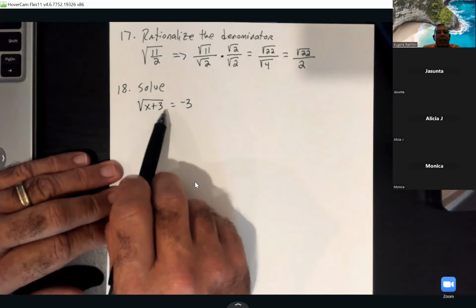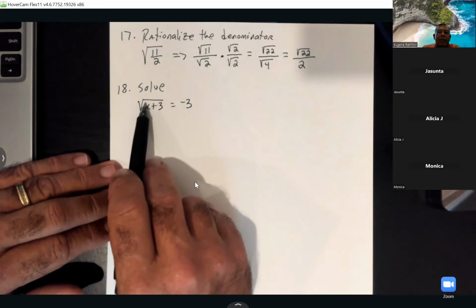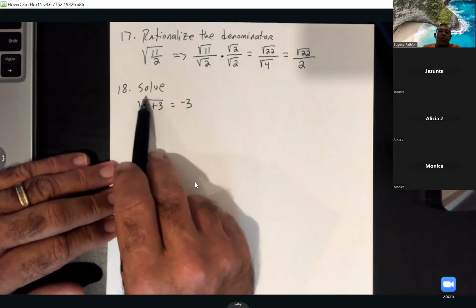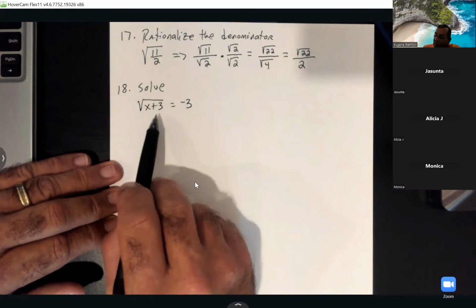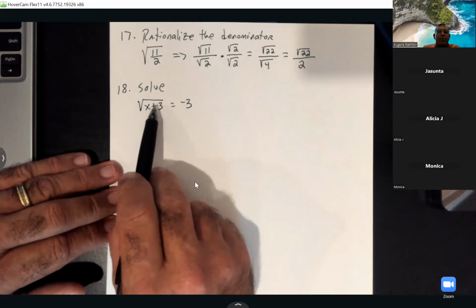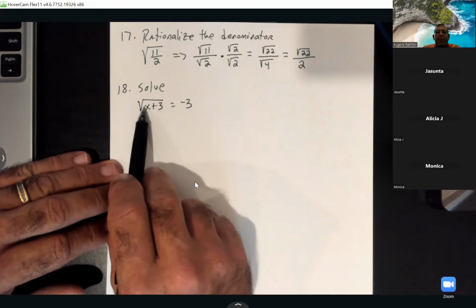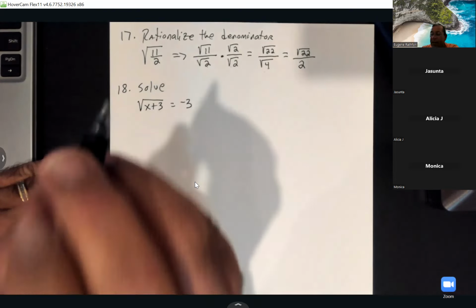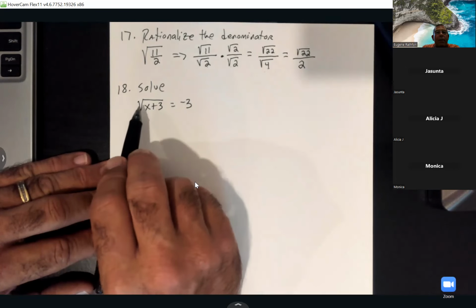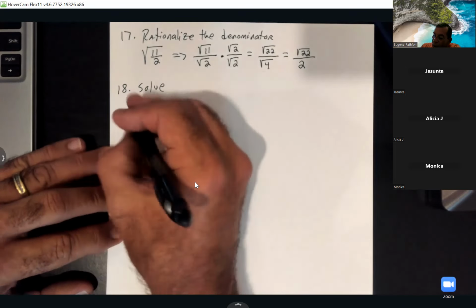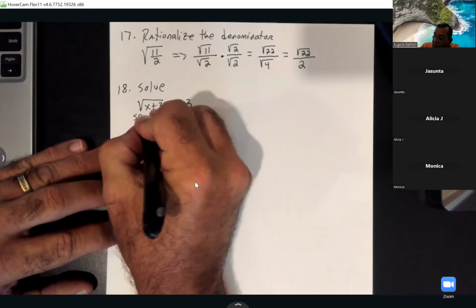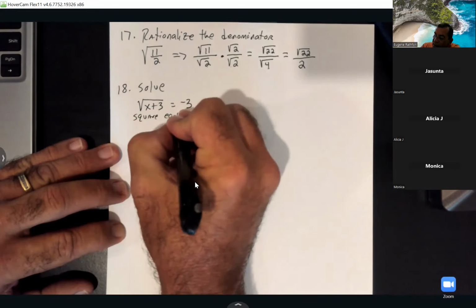So the first goal is to get this radical by itself on one side or the other. And this radical is by itself. Because remember, the x plus 3 is under that radical. So the radical is by itself. So the next step would be to get rid of this radical. So to get rid of this radical, you're going to do what we call square each side.